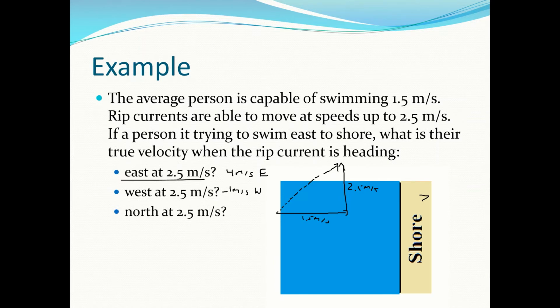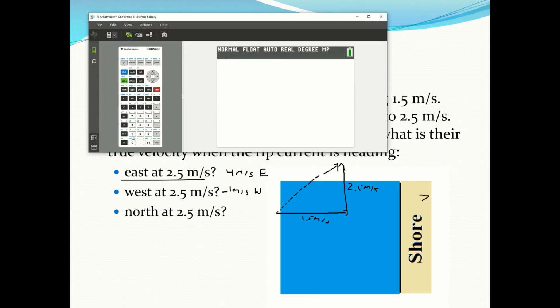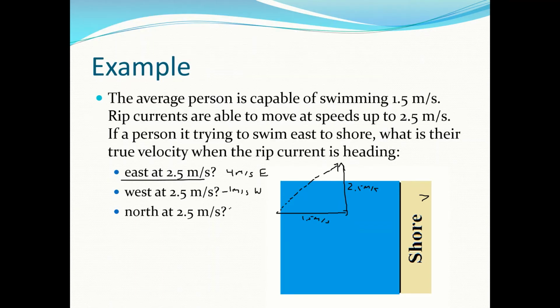So if we want to find out their true velocity, we just have to Pythagoras that. So we go 1.5 squared plus 2.5 squared. We square root our answer, and we get 2.9, right? So 2.9 meters per second.